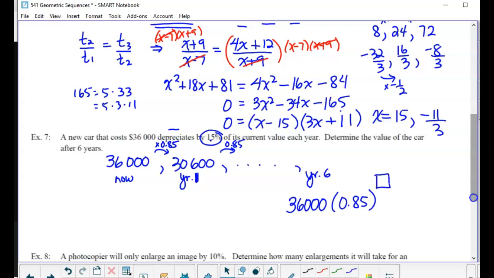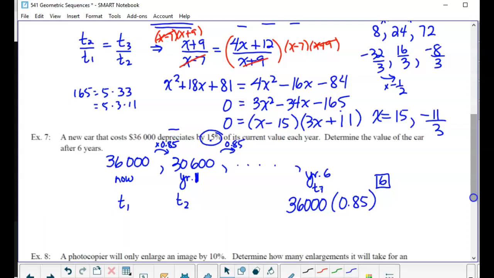If we were calling this term 1, term 2, then this would be term 7, because now is really like term 0. So we really have 7 values, and 7 minus 1 is 6.